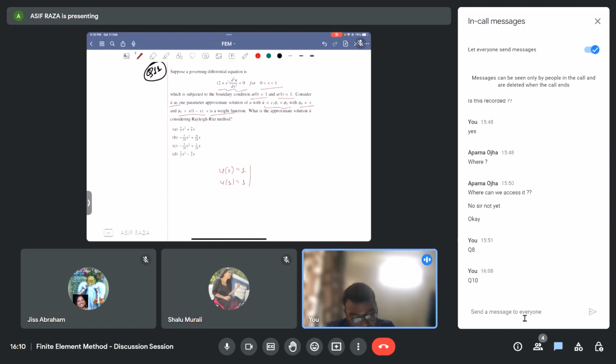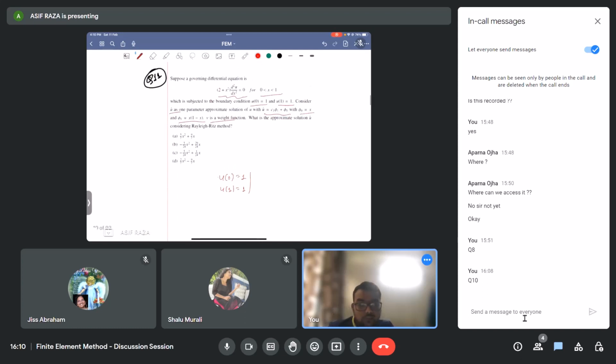Generally, when we know first-hand what the values are at the boundary, we want our approximate solution to at least satisfy those boundary conditions. These are MCQ kind, so if you want the answer without knowing the procedure, you can directly eliminate options. If you substitute 0 in all these options, you'll get 0.